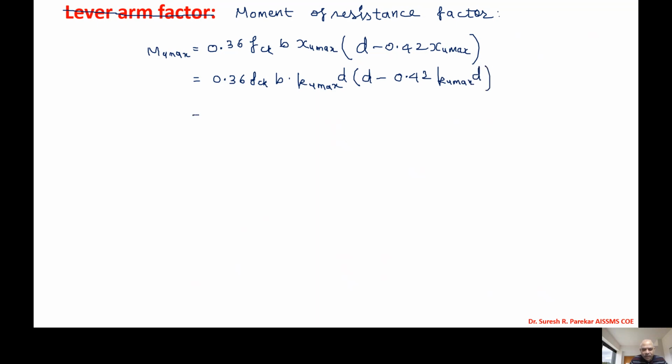And then from this we will get 0.36 fck Xu max in bracket 1 minus 0.42 Xu max into bd square.